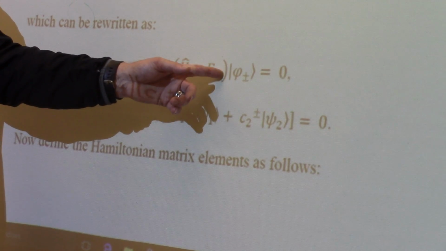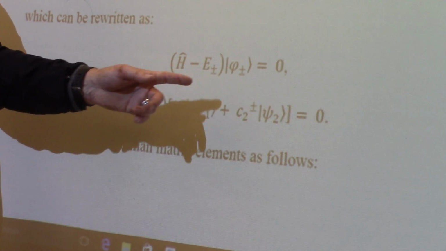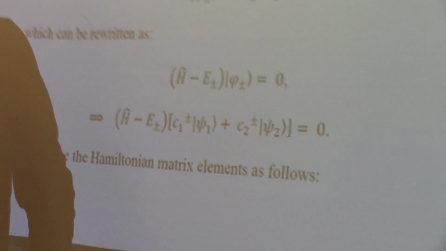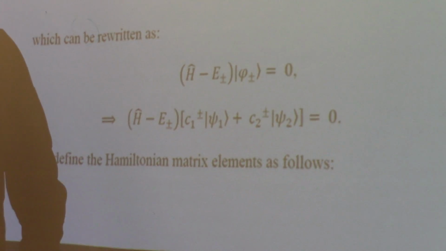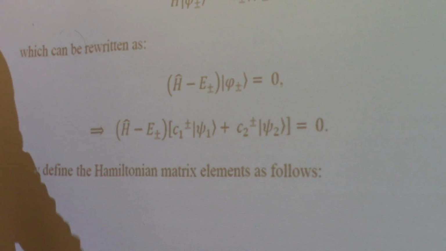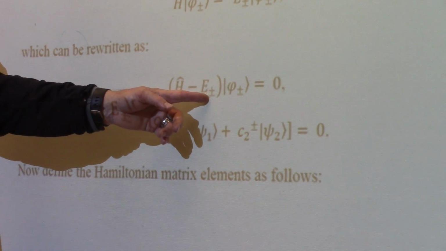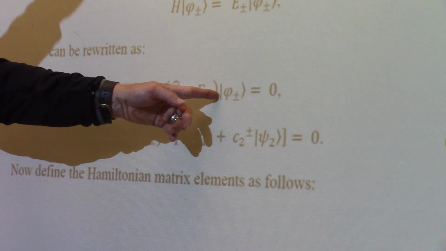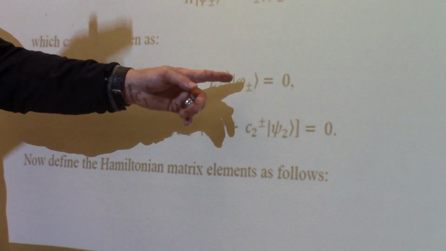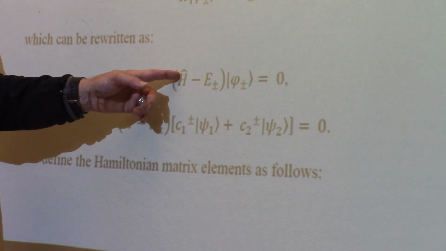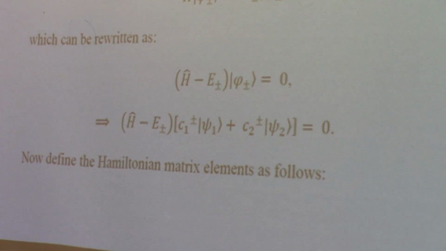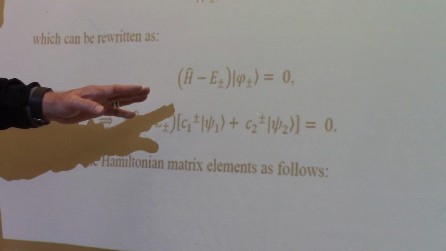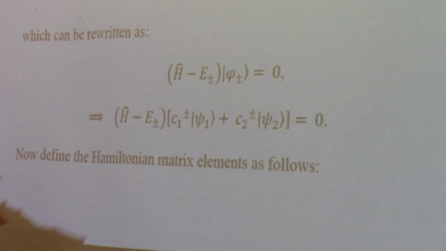I should have put an identity operator here, which would be a row of ones going down the diagonal and zeros in the off-diagonal. So that way both of these can be thought of as matrices. At any rate, that's more or less the idea.